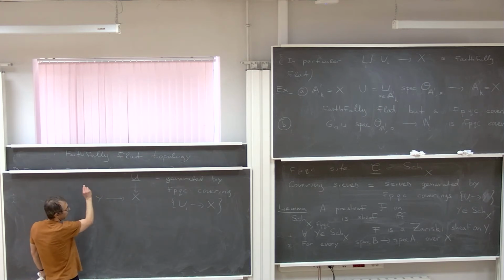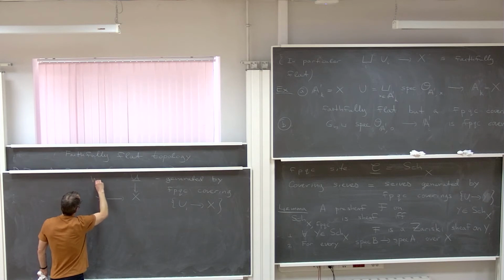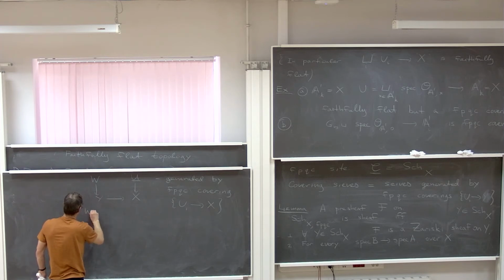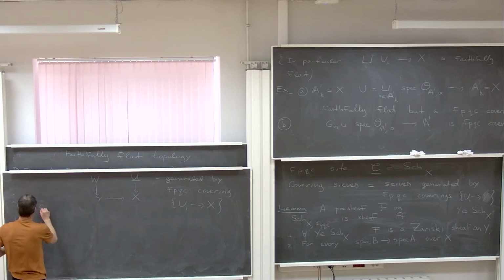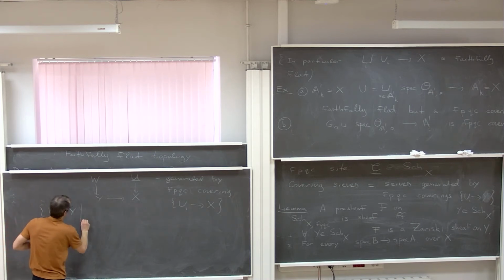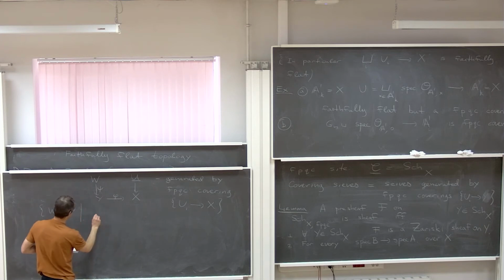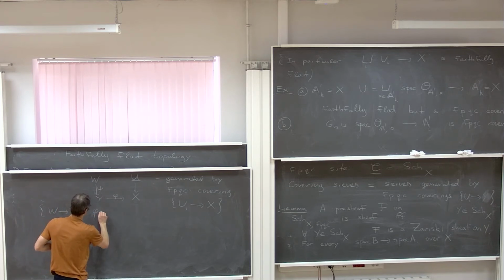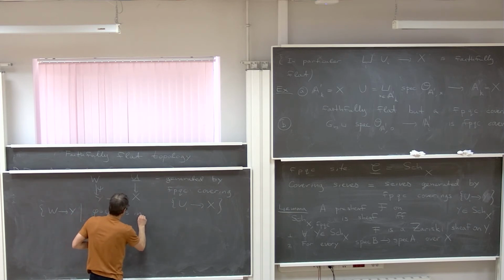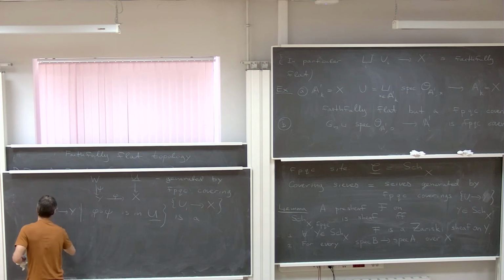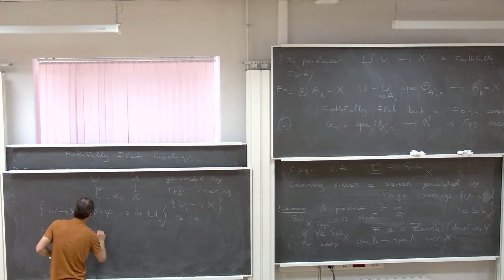If I consider the sieve that consists of all Y over Y such that this composition, phi composed with psi, is in U, it is a covering sieve. Right?